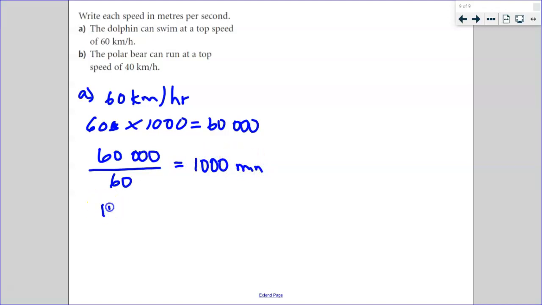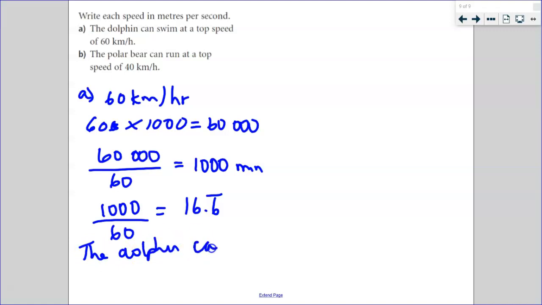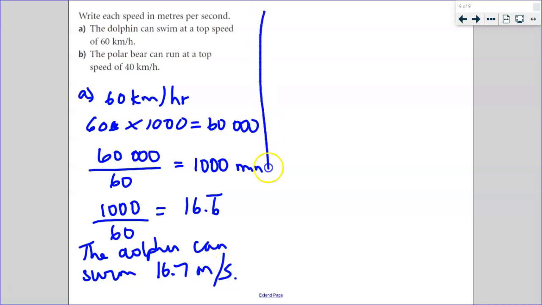And we have to take that 1,000 and divide it by 60 again, because we want seconds, 60 seconds in a minute, and we're going to get 16.6 repeated. So we're going to answer this by saying the dolphin can swim 16.7 meters per second.